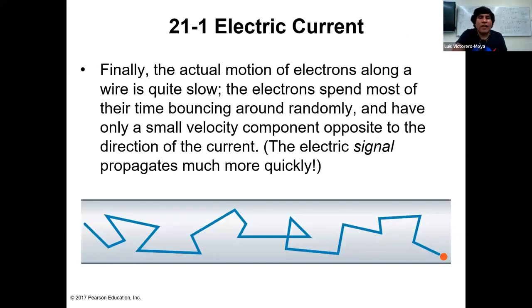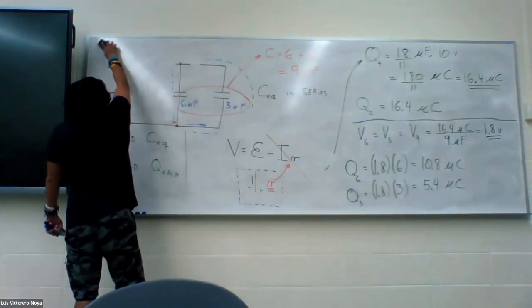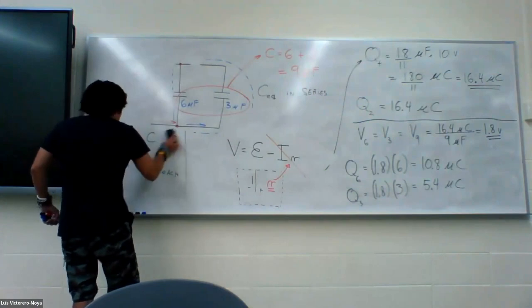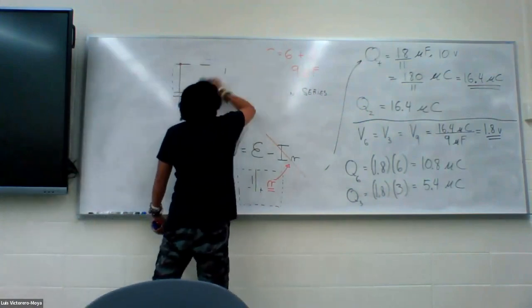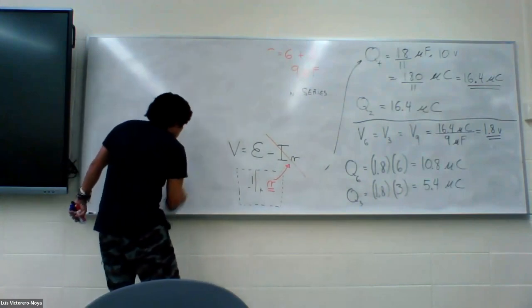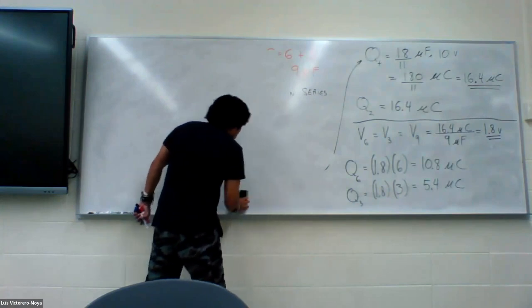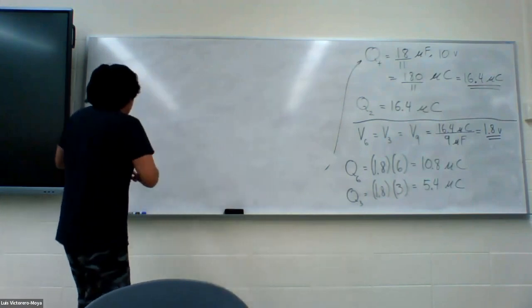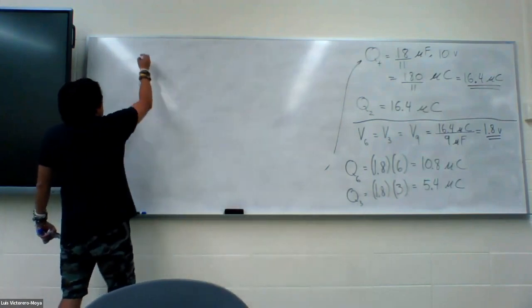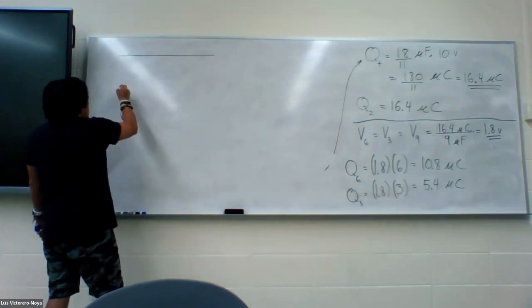Okay, so let's actually show you the equation for this. What is the equation for electric current? That's basically the microscopic definition of current. If you have a cable, I'm going to zoom in like in the textbook.